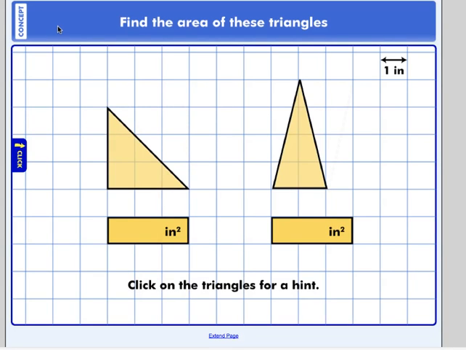Now, let's talk about triangles. Can you find the area of these triangles? Well, it says click on the triangles for a hint, so let's try that. Does that give you a hint? Let's click on this one.